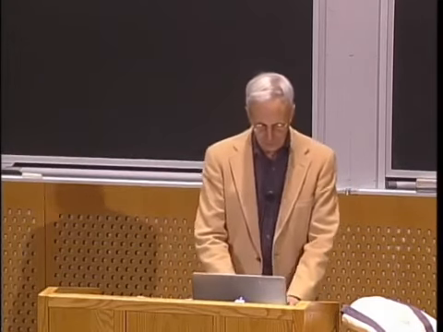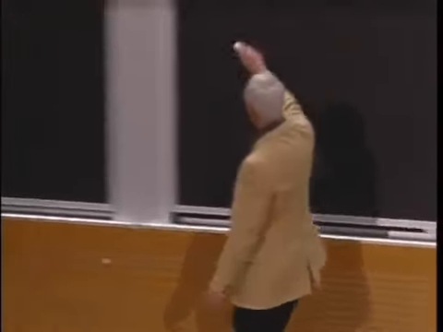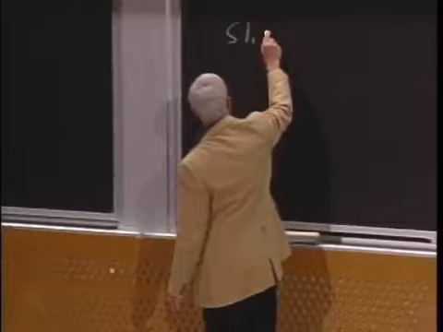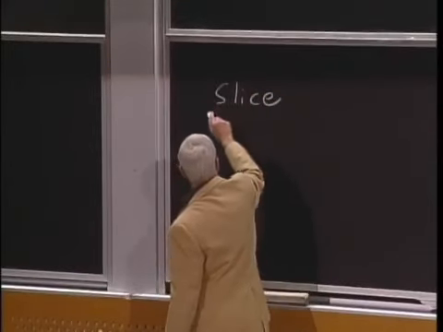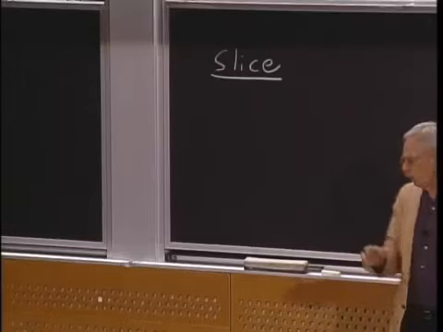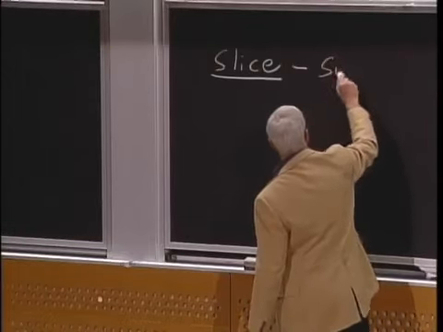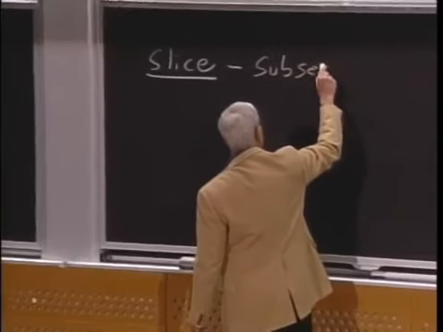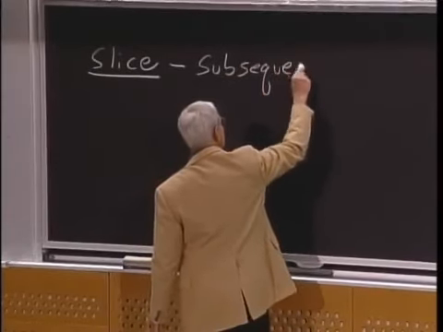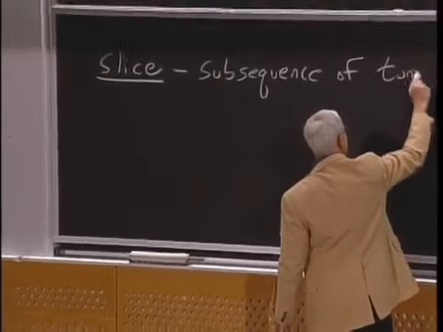I can also, if I choose, get what are called slices of tuples. So a slice gives me a range of values, or in this case, a subsequence of the tuple. As we'll see, we can also slice lists.